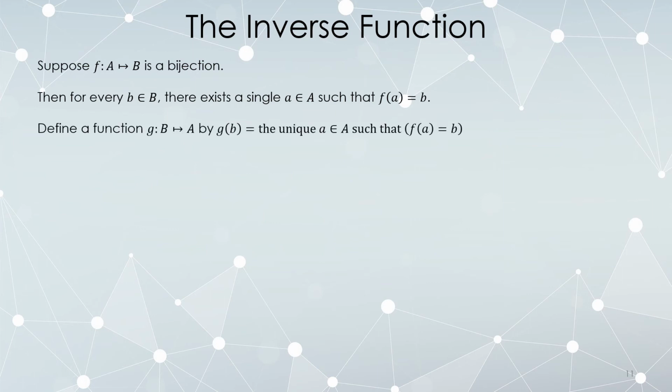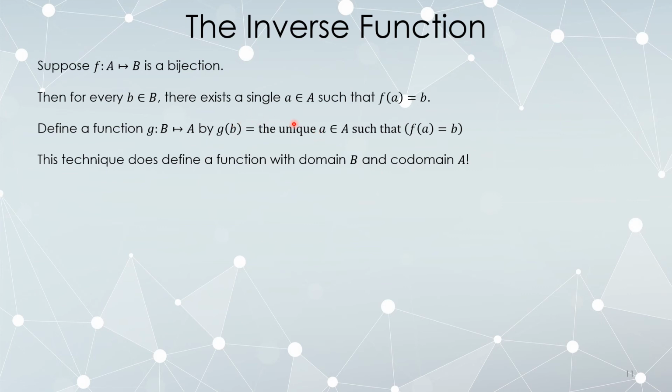So we're going to define a function that goes from B back to A by saying g of b is the single element of A that solves this. We know there is a solution because the function was surjective, and we know there is only one because it was injective. So whatever that one solution is, that is what you get out from the function g of b. This does define a function. Every b I plug in, there will be exactly one a. So it's a function.